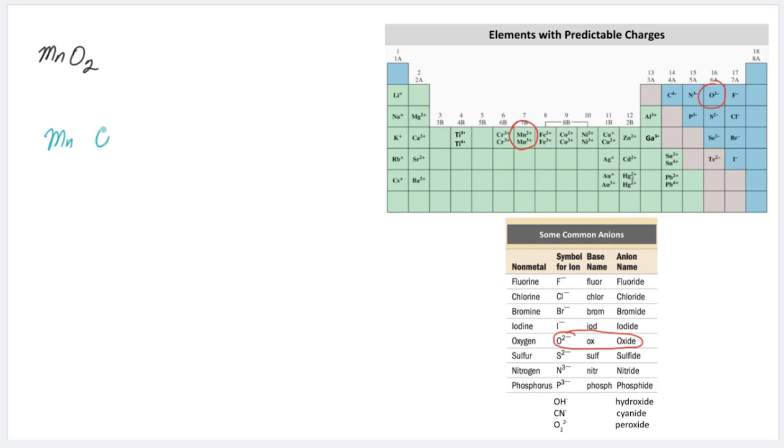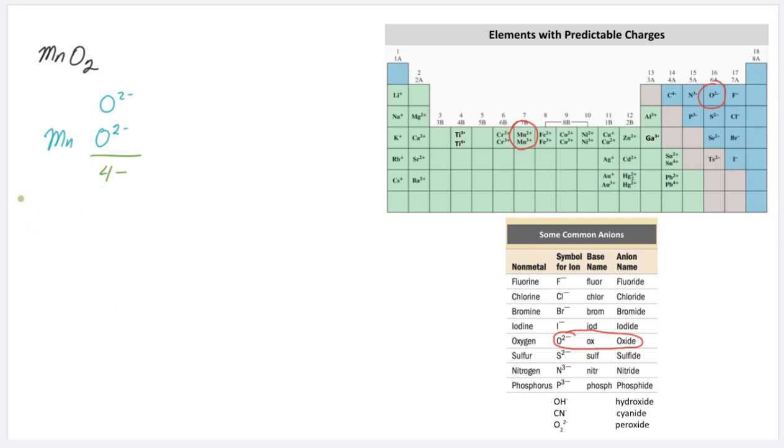I'm going to write this in this way, because we have two, just to visualize that we actually have two oxygens. That means that in reality, because we have two of them, what we have is a -4 charge. Each one has -2, so in total we have -4.